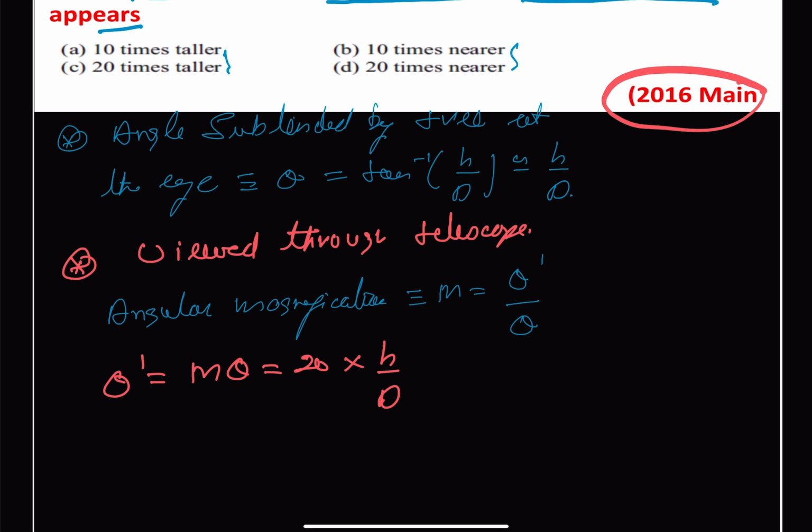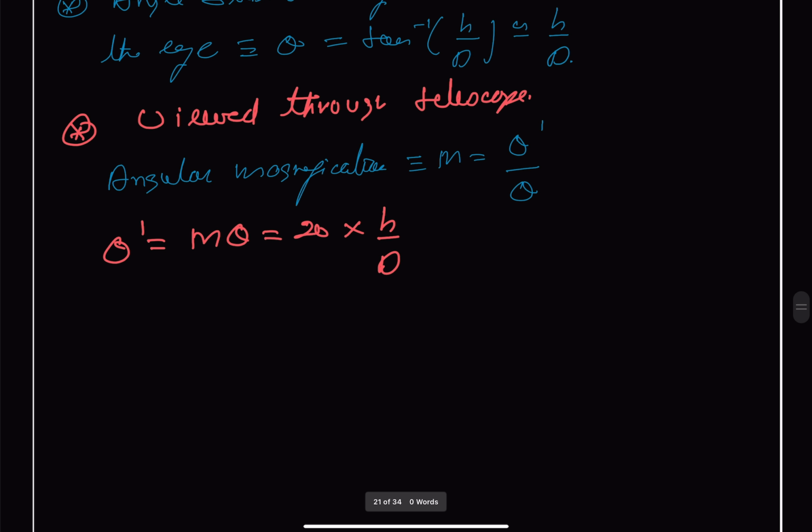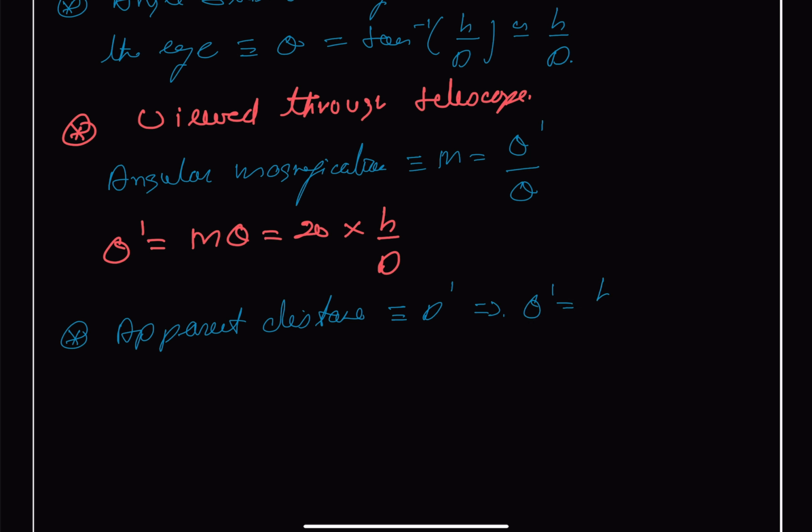And let us assume that the apparent distance of the tree is d prime. Therefore, we can write our theta prime will be equal to h upon d prime.